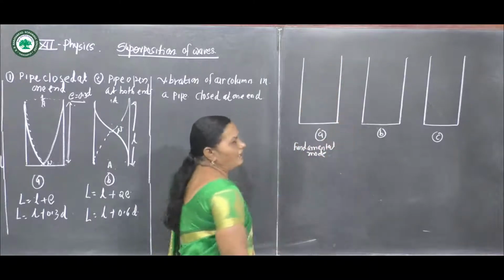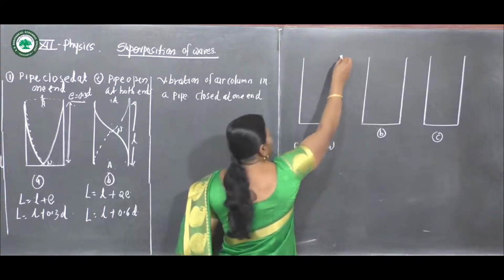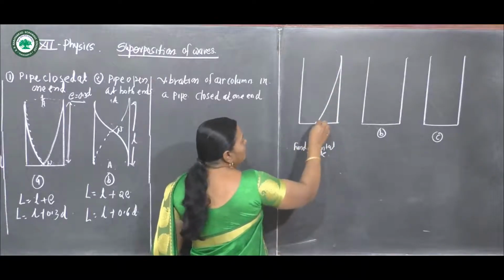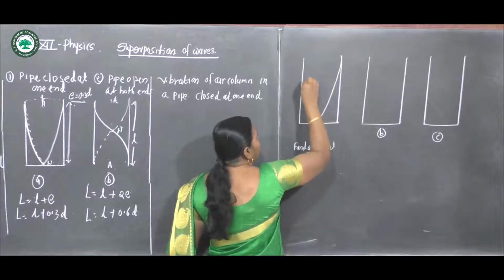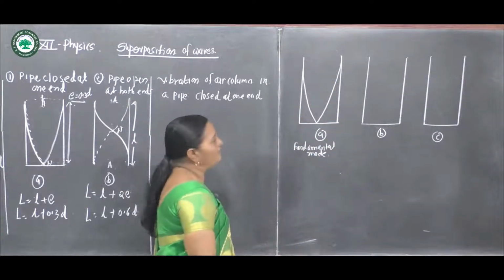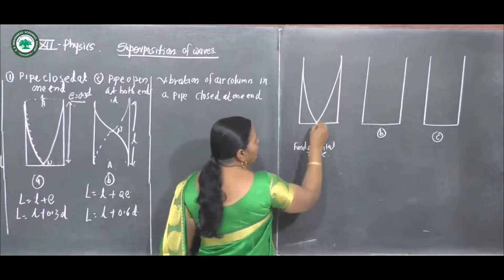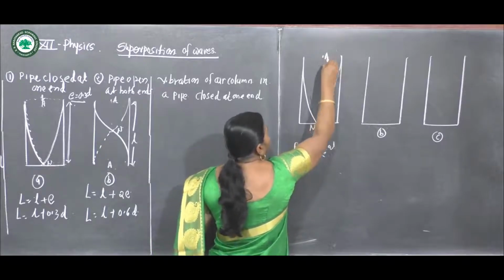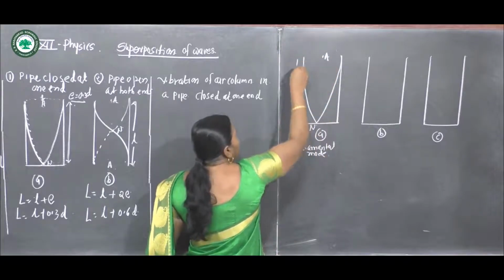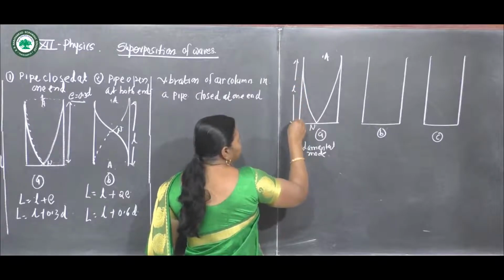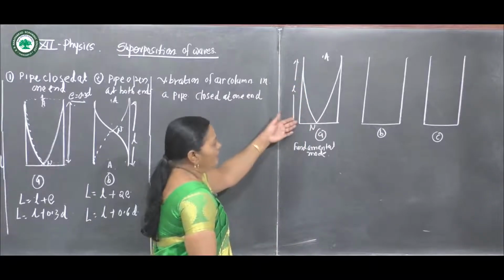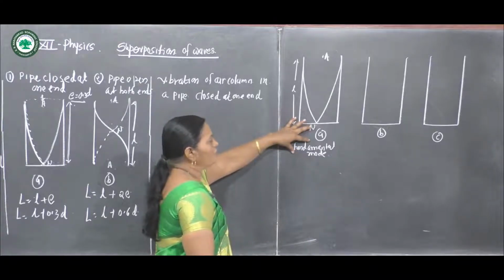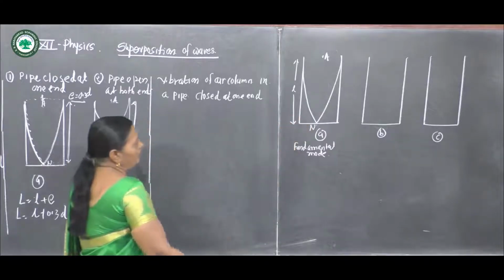Here we neglect the end correction, and a longitudinal wave is sent through the air column. It is reflected back and interferes with each other, forming a stationary wave. Now at the closed end there is a node, and at the open end there is an antinode. Now this is the length of air column. This is the lowest mode of vibration. It is called the fundamental mode.